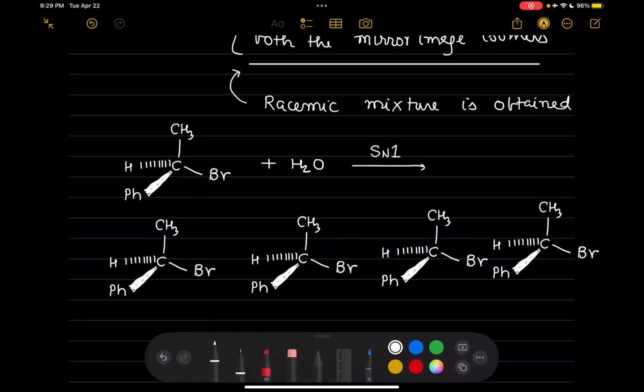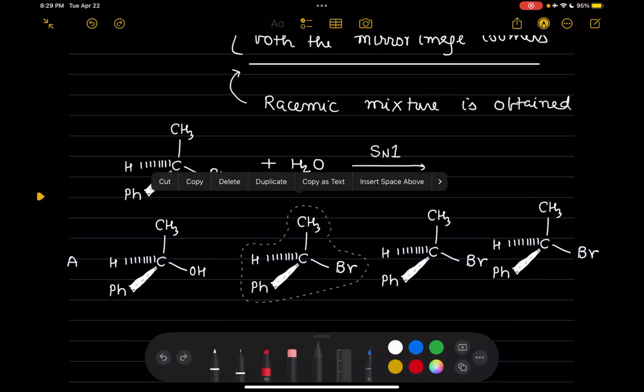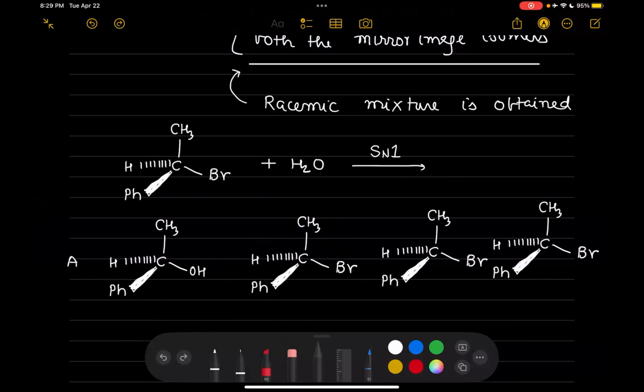So let me draw option A. Option A, I will replace the Br with OH. Option B, I will just invert it, right? I will put the Br on this side or the OH on this side.